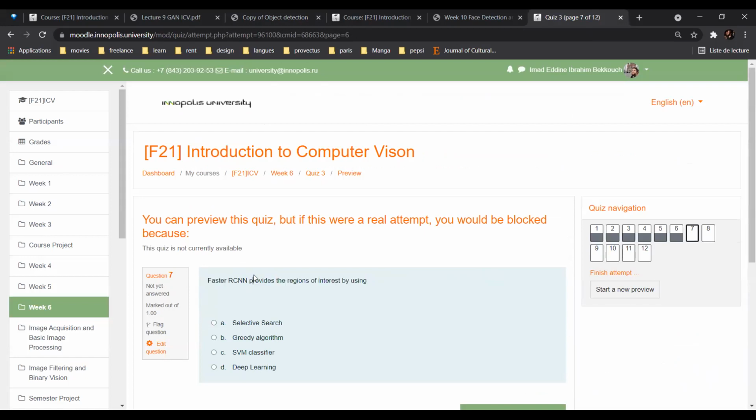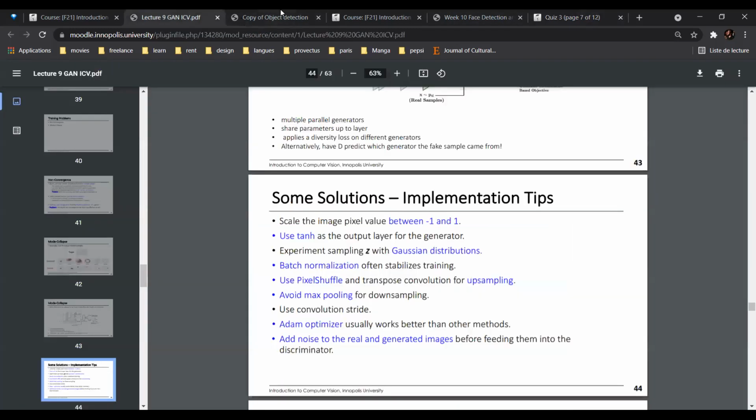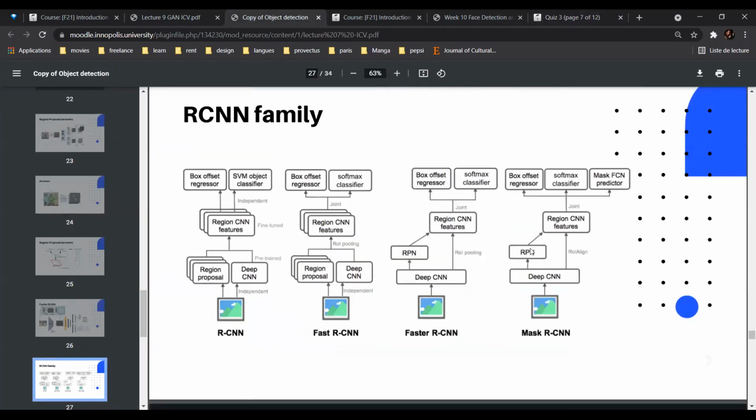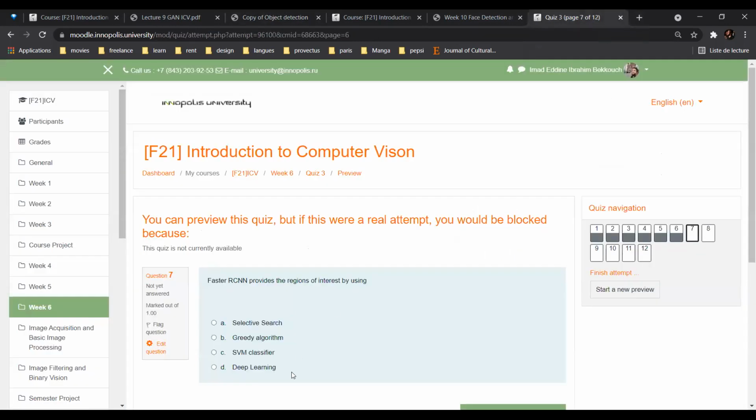Faster RCNN provides the regions of interest by using... okay, this one could be a bit tricky, right? We know that faster RCNN provides the regions of interest by using RPN, as we have seen before. But I didn't want to put the word RPN because anybody who comes to the lecture and sees the word RPN would be able to answer correctly. So I just added deep learning.